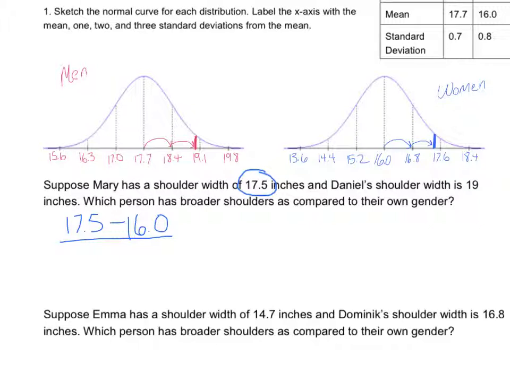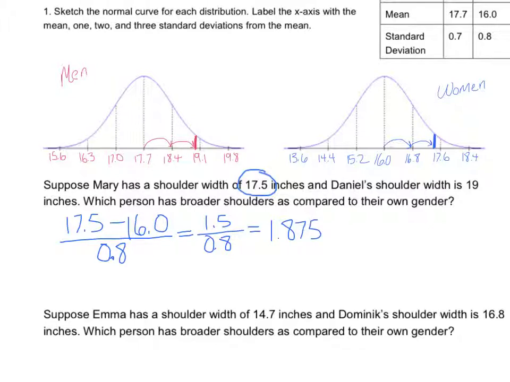So her standard deviation is the 0.8. Doing that subtraction first, 17.5 minus 16, we get 1.5, and then we divide that by 0.8. We divide that out and we get 1.875.